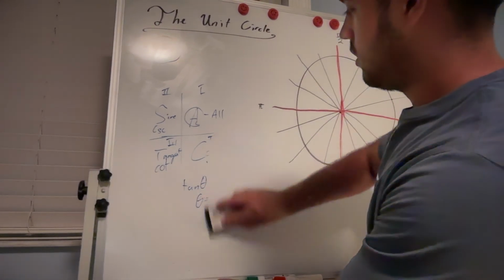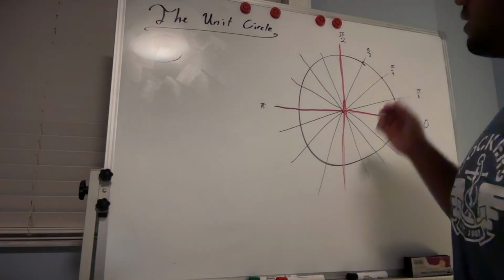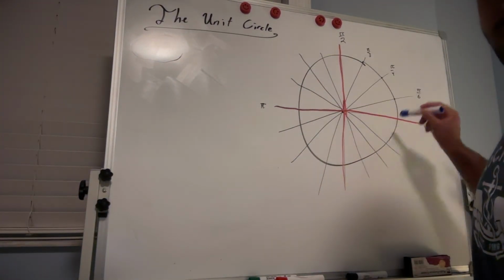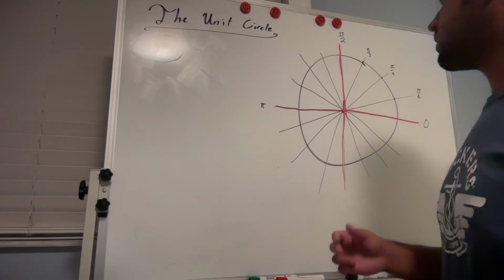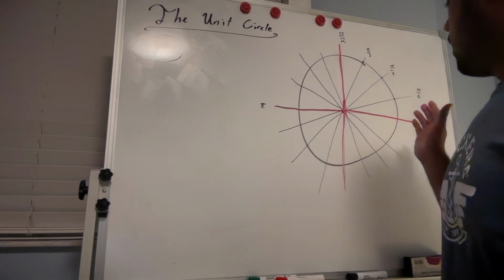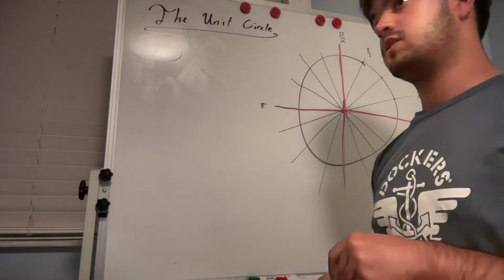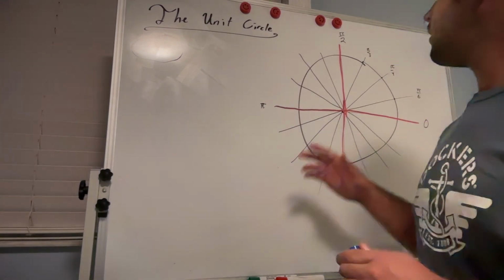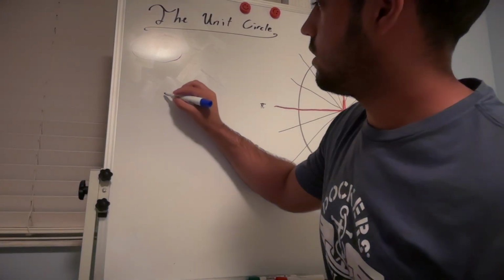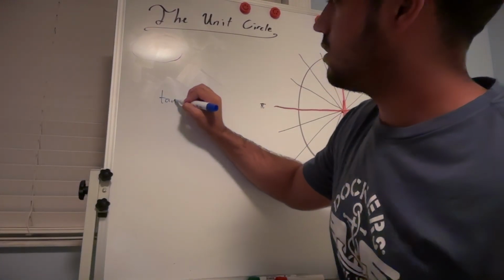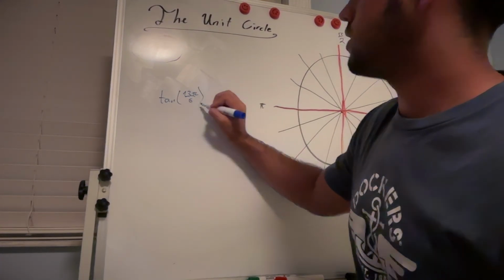Additionally, I spoke about how 1 revolution is 360 degrees or 2 pi radians. And what that means is that if we wanted to, let's say we had to find the tangent of 13 pi over 6.